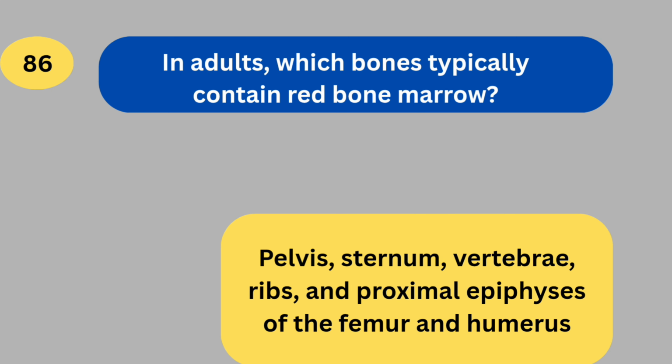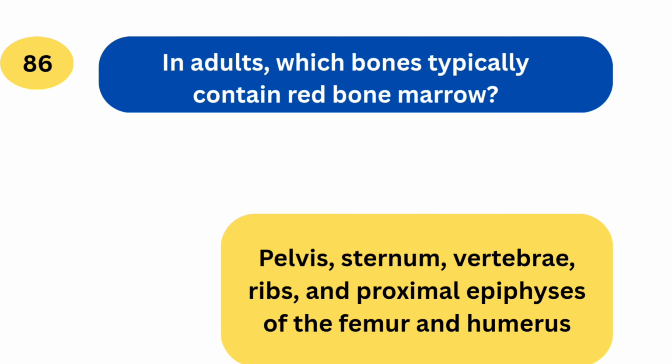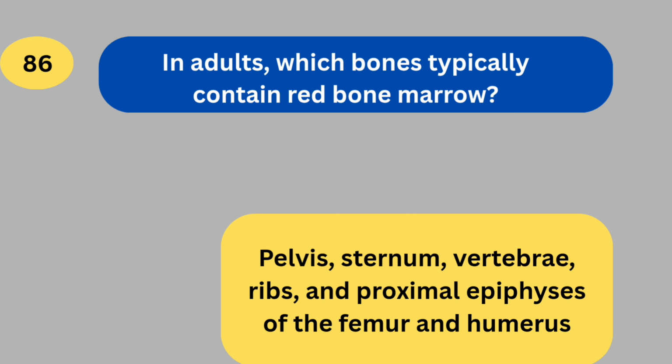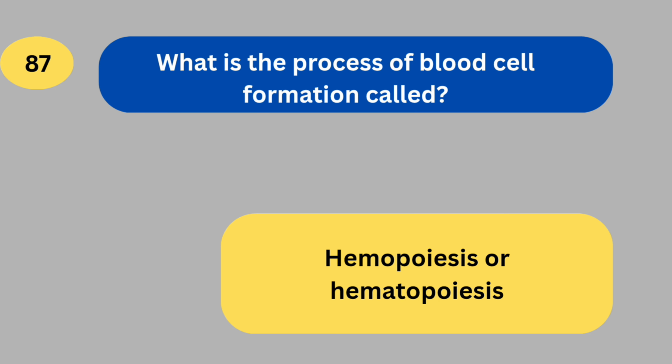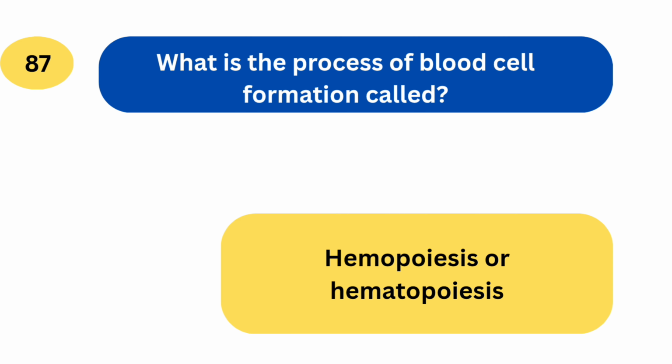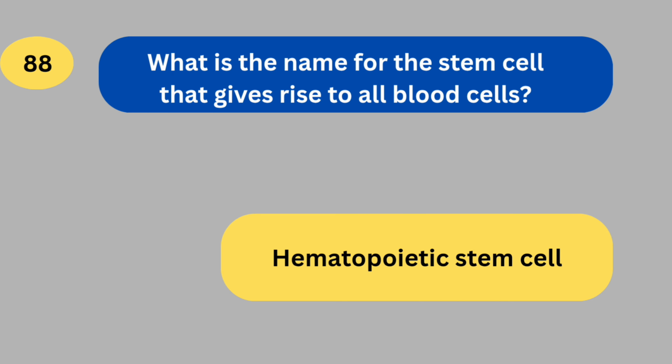In adults, which bones typically contain red bone marrow? Answer: the pelvis, sternum, vertebrae, ribs, and proximal epiphyses of the femur and humerus. Next question. What is the process of blood cell formation called? Answer: hemopoiesis or hematopoiesis. Next question.